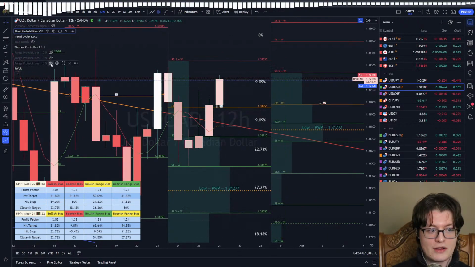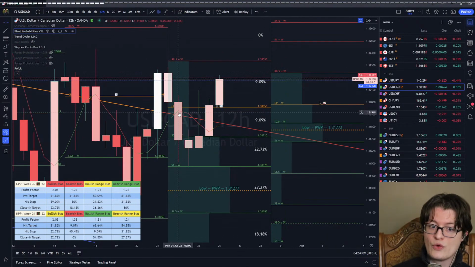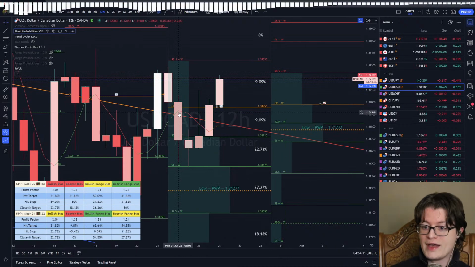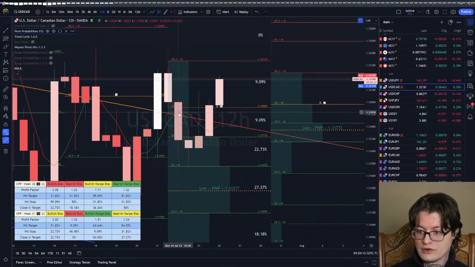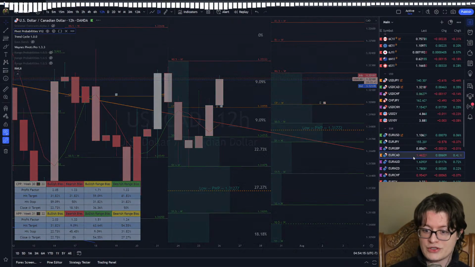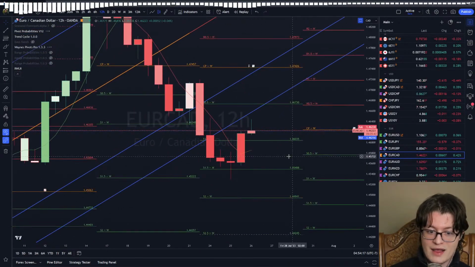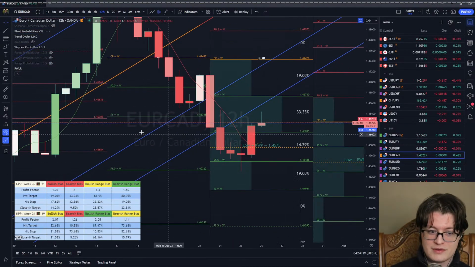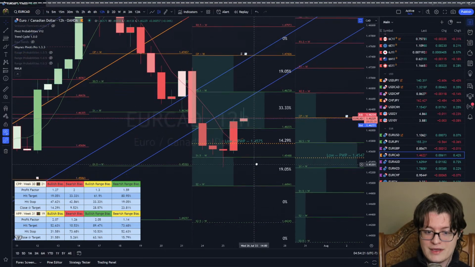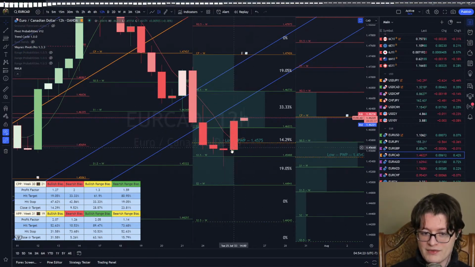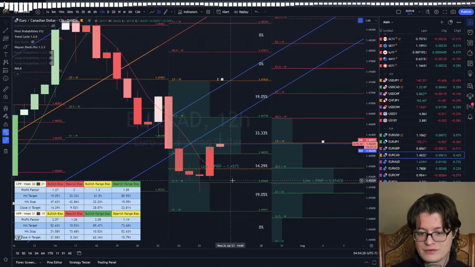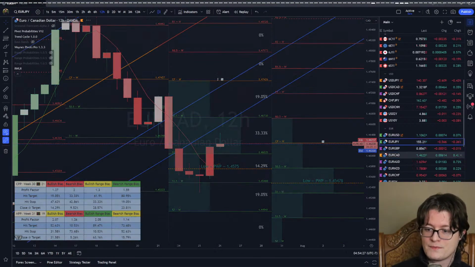And the Canadian dollar is a lot weaker than the euro dollar. Euro is actually holding up in a lot of pairs. I mean, look at Euro CAD right now. It hit that probability weighted pivot low, and it's bounced. It'll probably continue to bounce.